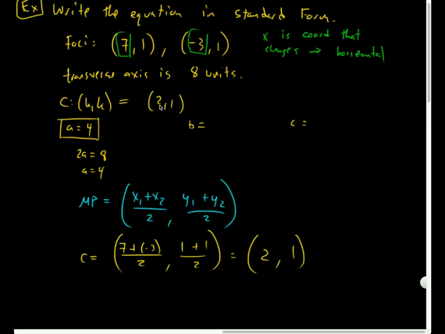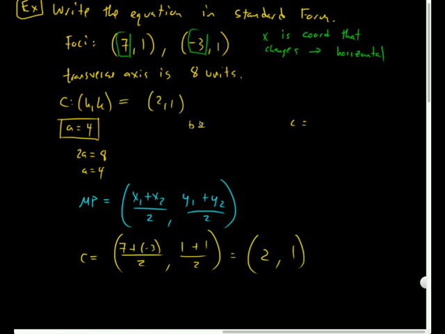So 2 is h, 1 is k. Another thing I want to point out is that the numbers that stayed the same will have to be the same coordinate for the center. Since these are the foci, it will also be the same y-coordinate for our vertices if I needed that information later on.